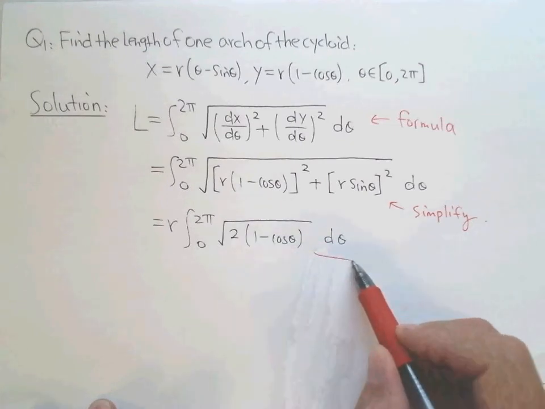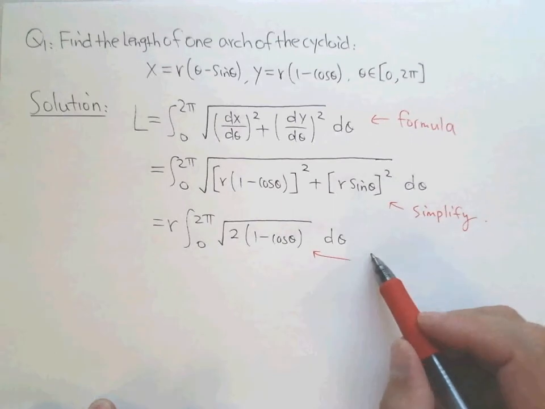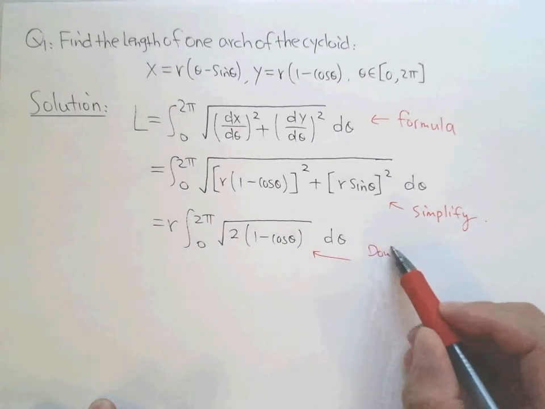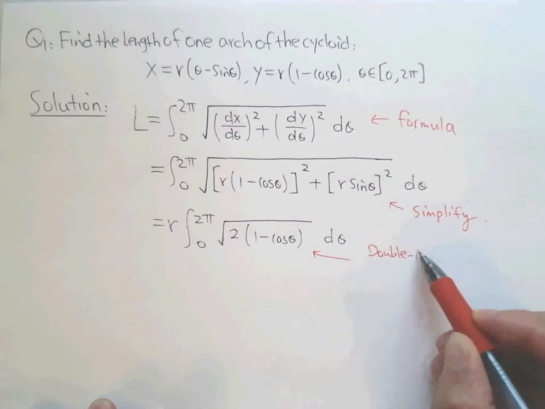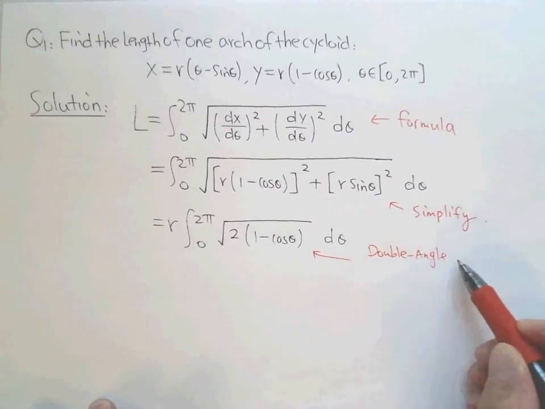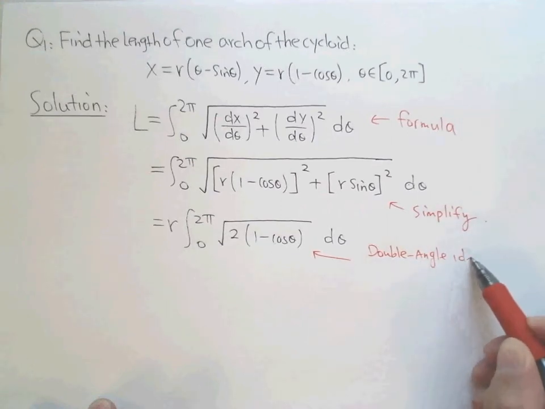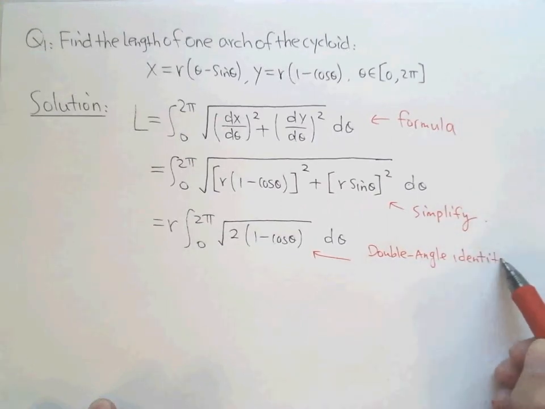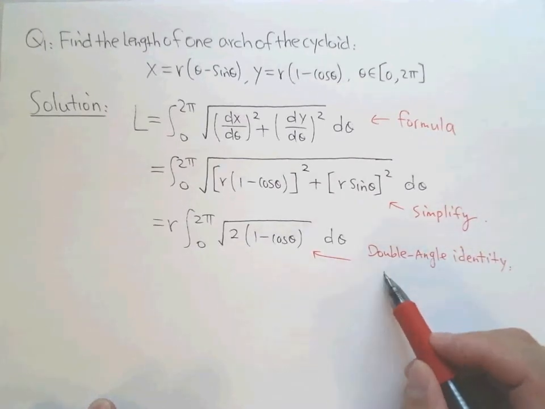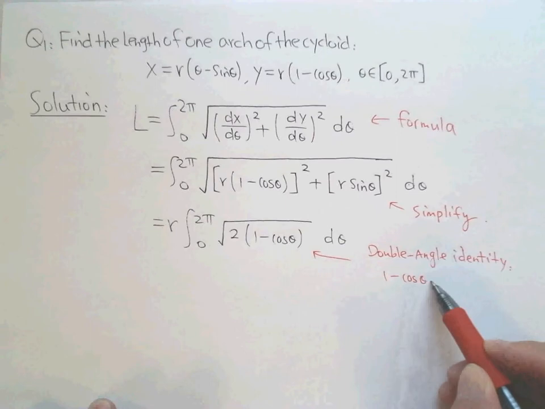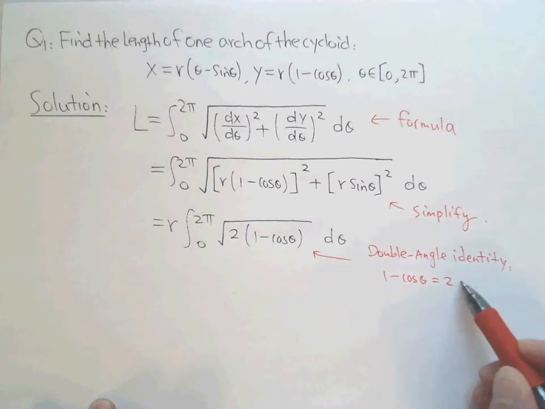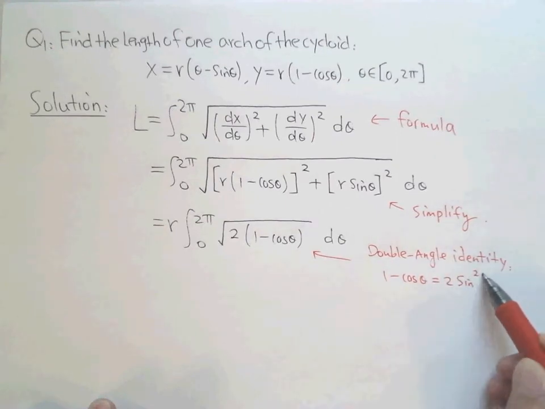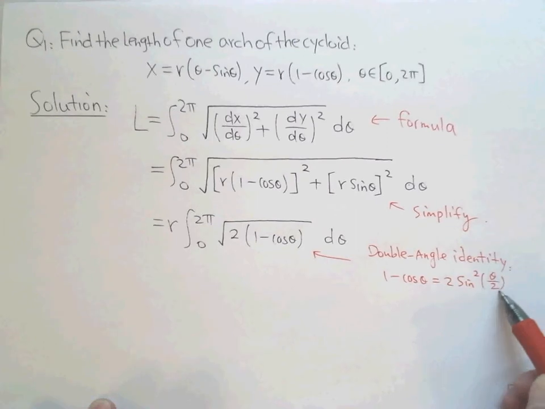And this term we can simplify using the double angle identity, which you learned in trigonometry. 1 minus cosine theta equals 2 times the square of sine of theta over 2.